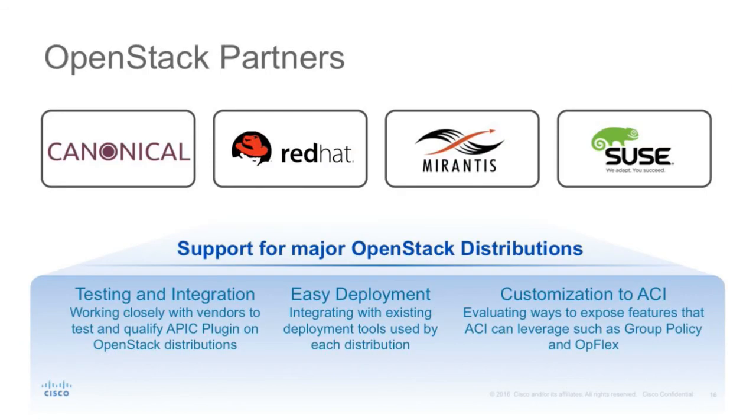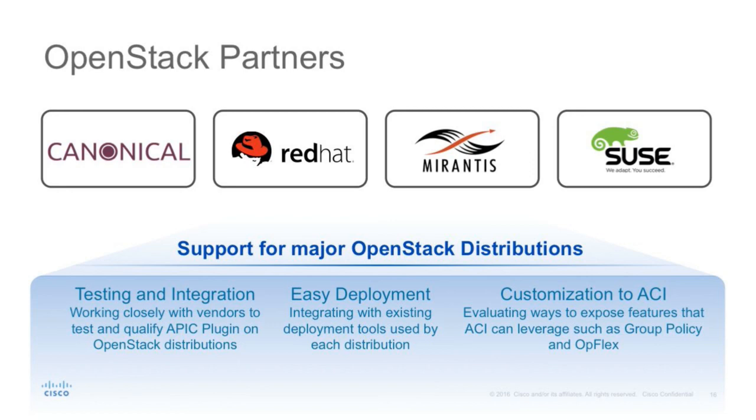Our partners: we have many more coming. These are 4 current partners. We fully integrate with them, with fully automated install. So if you select the ACI plugin when you're installing, it will automatically install and configure the plugin for you, fully automated.